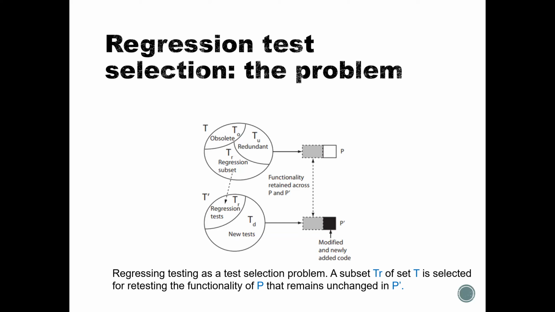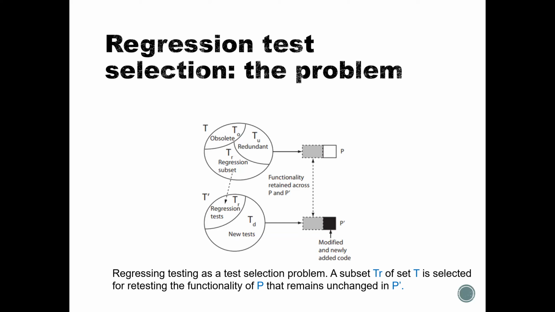It may happen that the specifications S and S dash are the same for P dash, because the modification only fixes faults in P. It can also happen that S dash is different from S, in that S dash contains all features in S and a few more.